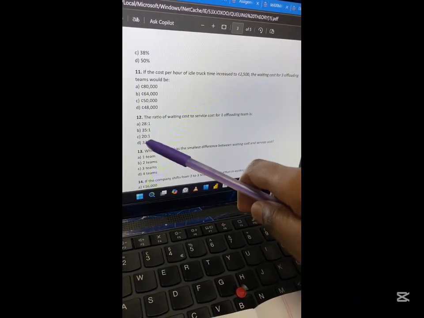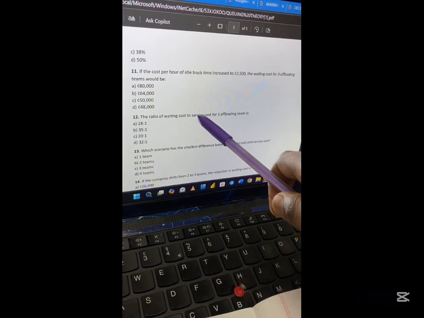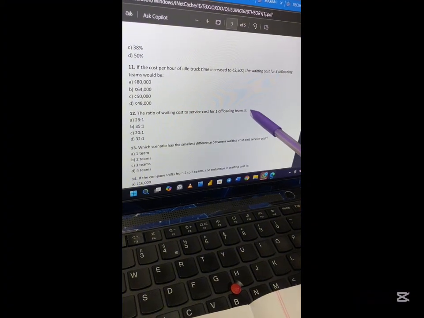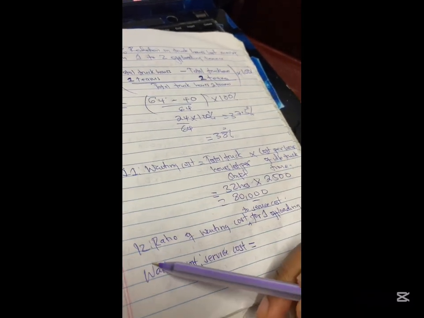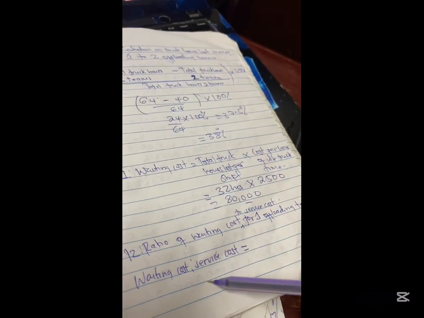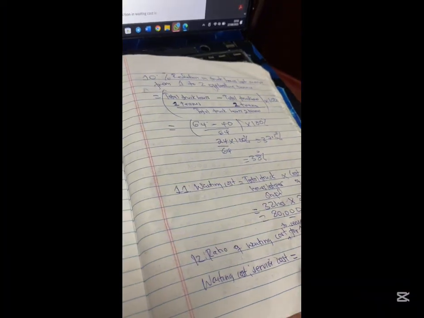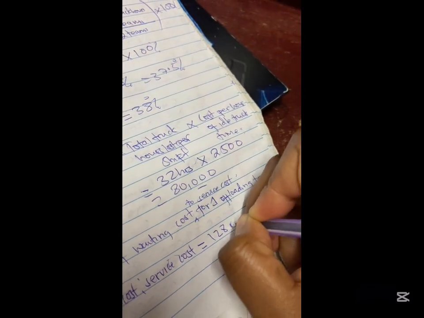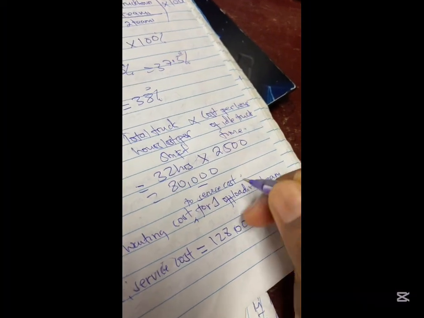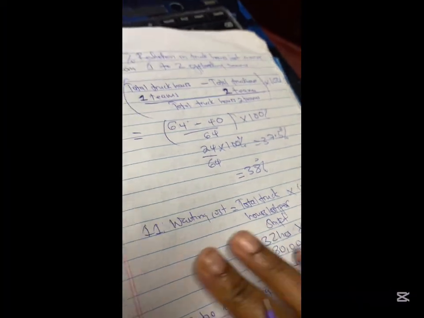Question 12 says the ratio of waiting cost to service cost for one offloading team is. So to get the ratio of waiting cost to service cost, we take waiting cost over service cost. For team 1, our waiting cost was 128,000 cedis, so it will be 128,000 cedis over the service cost.